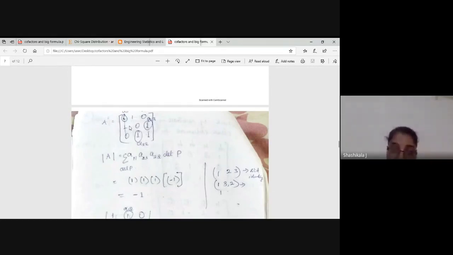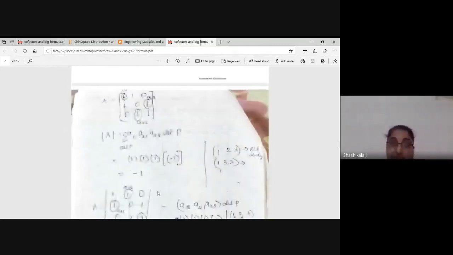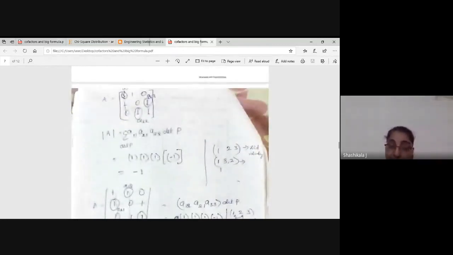If I go for this and this, I will go for this A22. So it is 1 into 1 into 1 into determinant P. Still it is not over. Other possibilities are also there, no? Then here the standard is 1, 2, 3. But what I am getting is.